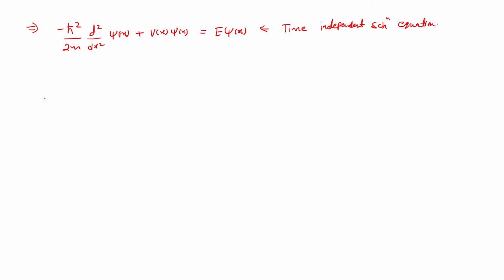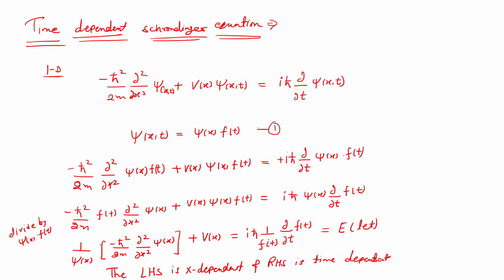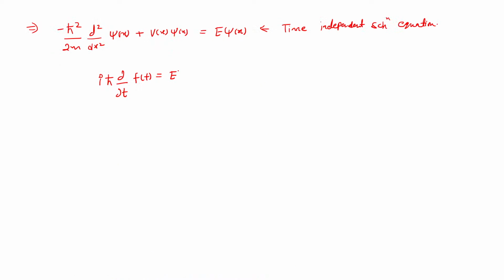And the other factor we are having is iota h cut del over del t f of t, that is equal to E. And here we have this f of t, if I multiply on the other side it will be E into f of t. So clearly you can see this we can solve with the integration.